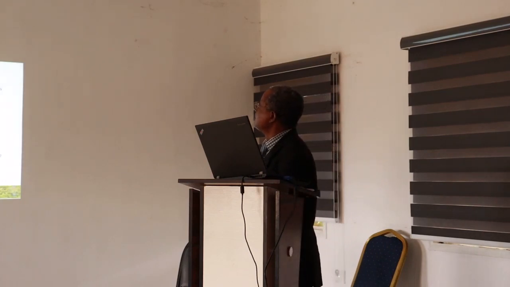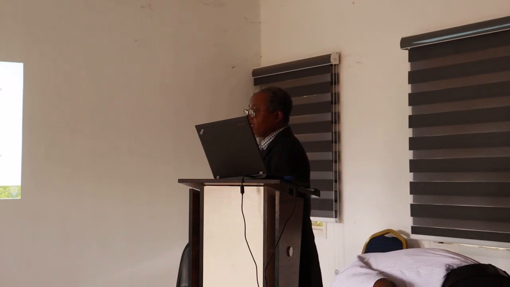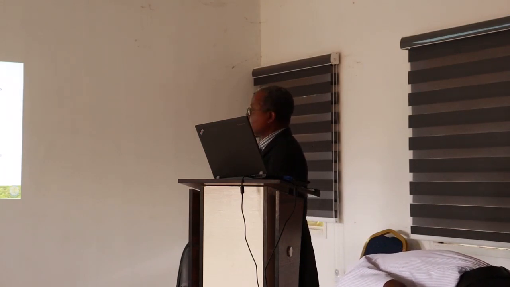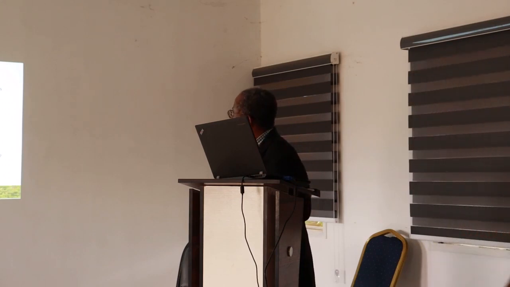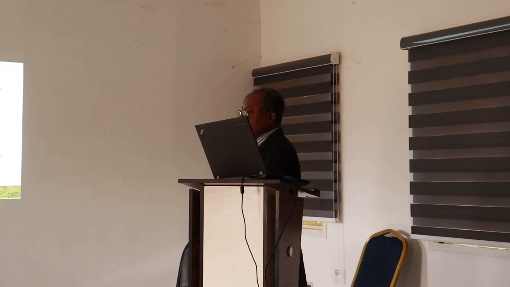So I picked universities and then polytechnics, the ones that belong to the federal government. Then I used the director of works or the old staff in the works department who are familiar with the buildings and their ages.